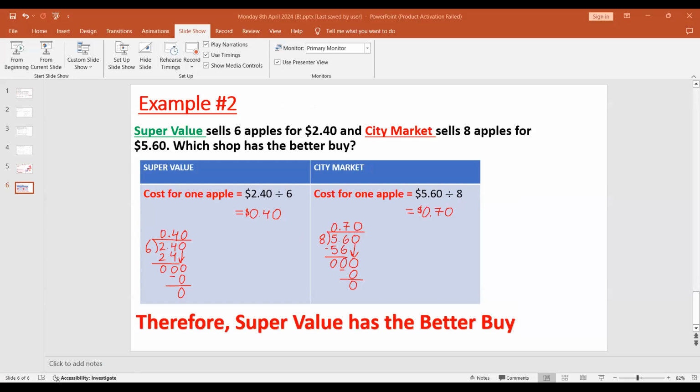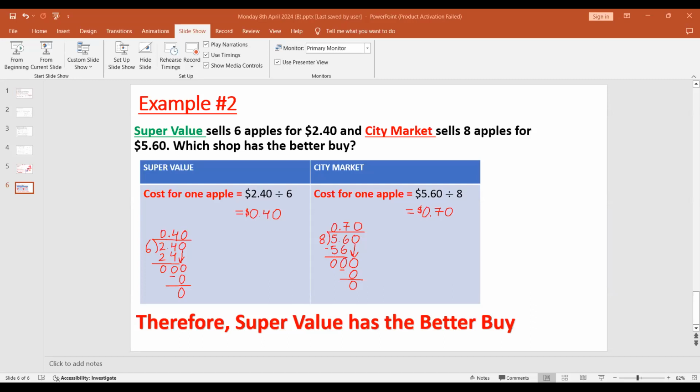Which shop has the better buy? To do this, we're going to find the unit price. For SuperValue, we're going to divide 240 by 6, which gives us 40 cents. And for City Market, we're going to divide 560 by 8, which gives us 70 cents. So using the unit price, SuperValue has the better buy.